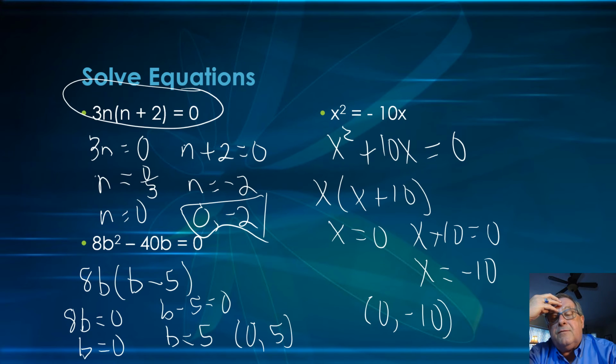Well, let's go back to our original equation, x squared equals negative 10x, and let's substitute 0 in for x. Well, 0 squared is 0 equals, well, negative 10 times 0 is also 0, so 0 equals 0. And what if we substitute negative 10 in for x? Well, negative 10 squared is 100, but then on the right side, I got negative 10 times negative 10.